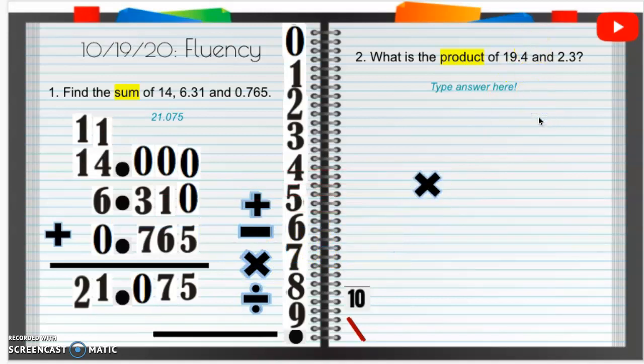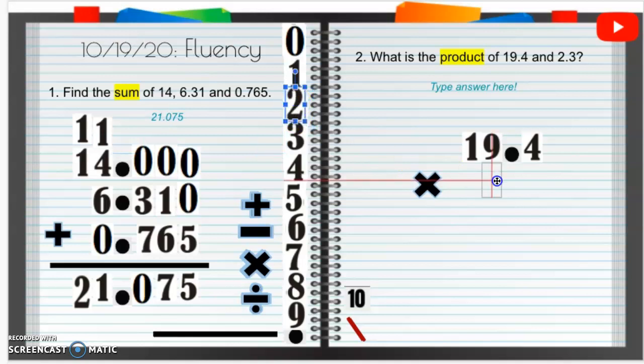All right, so when we're multiplying, we're going to put them all to the right side. So 19, 1, 9, and 4/10. So that decimal point. 19 and 4/10 times 2 and 3/10.